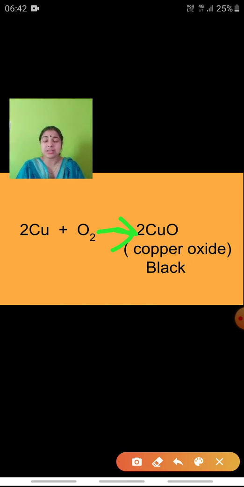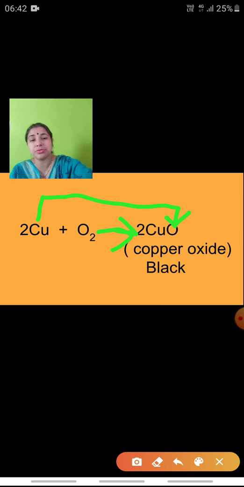So we can say that copper gets oxidized to form copper oxide. This is called oxidation. Many other examples of oxidation you have seen in your day-to-day life, like the turning of iron into this reddish brown colored fluffy substance. That is also an example of oxidation.